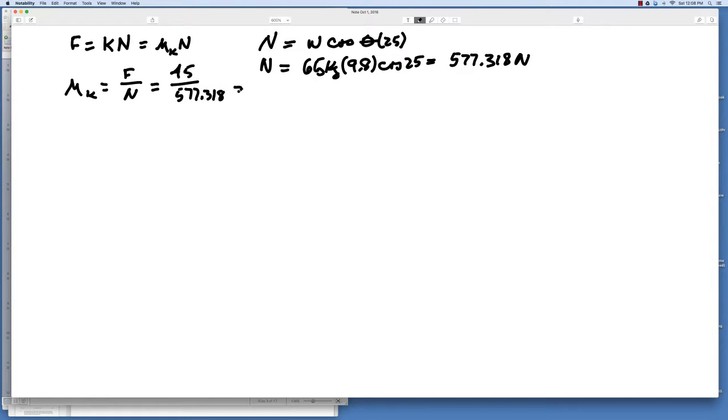If you do that math, you get 0.0779. There are no units for this calculation because you're dividing one force by another. This is newtons and this is newtons, and these cancel each other out, and coefficients generally do not have units.